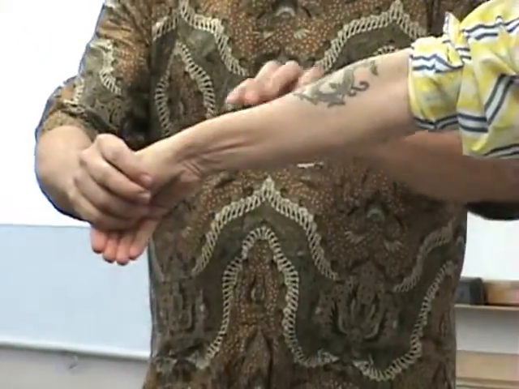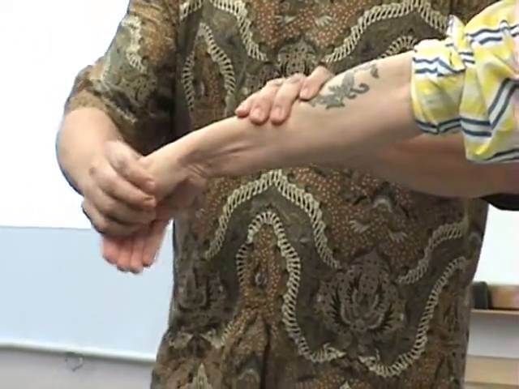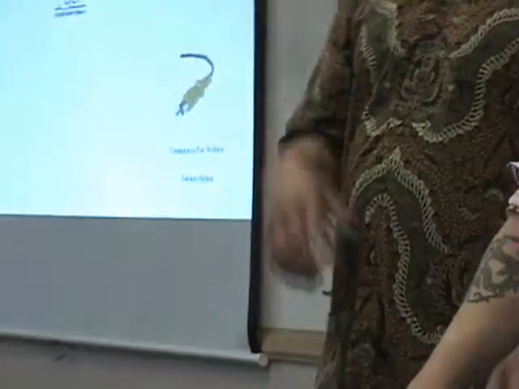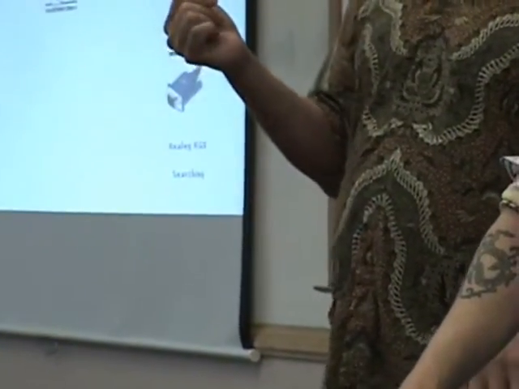It's a problem from repetitive thumb extension. Sometimes you get it with musicians, drummers or something like that. So is it an active resisted test or a passive stretch at the end of the range? You're stretching like that. Okay, so we've got contractile, then what's next?